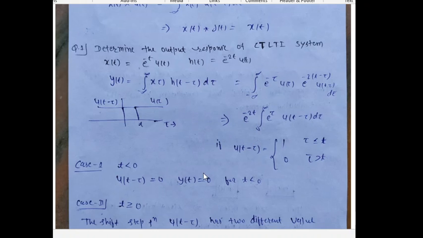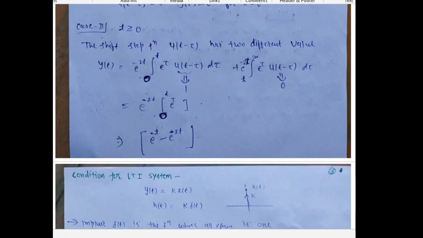So here y(t) equals 0. And the second case, when t is greater than 0, the shifted step function u(t minus tau) gives two different values of y(t). This case we already discussed. This will give the 0 answer. And now for 0 to t, if t is greater than 0, it will be e to the power minus t minus e to the power minus 2t. So the answer will be this one.